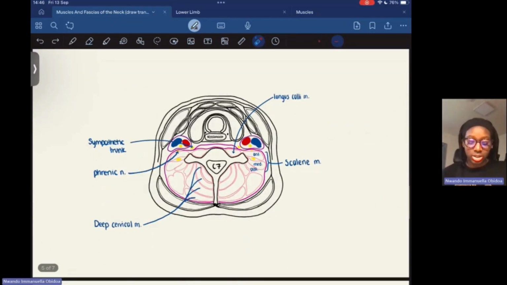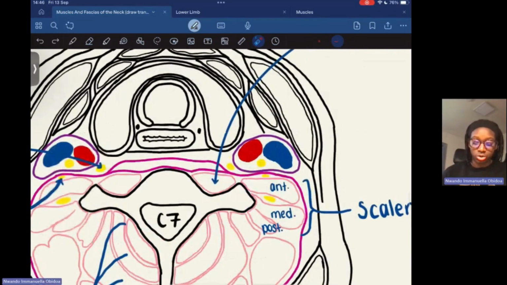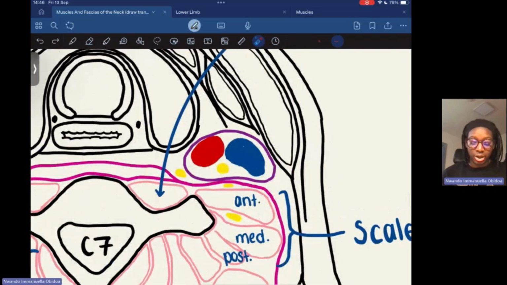So this is your carotid sheath, the purple with the purple outline. This is your internal jugular vein, your common carotid artery, depending on where the drawing is taken or the level. But at this level of C7, it is the common carotid artery. If you were to draw it higher up around C4, you would have two branches, the internal carotid and the external carotid.